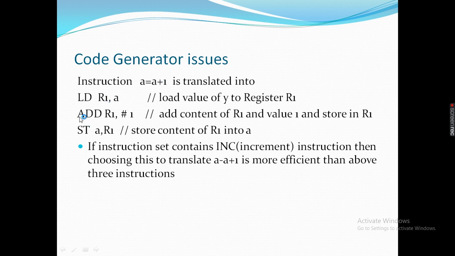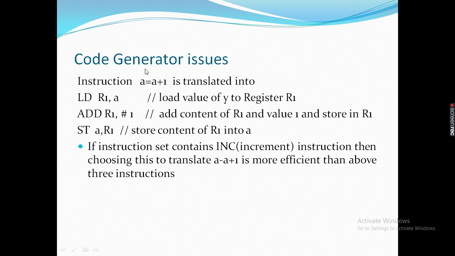Since plus is there, select the add instruction: add R1 comma hash 1. Add R1, which contains the value of A, with the value 1 and store the result in register R1.